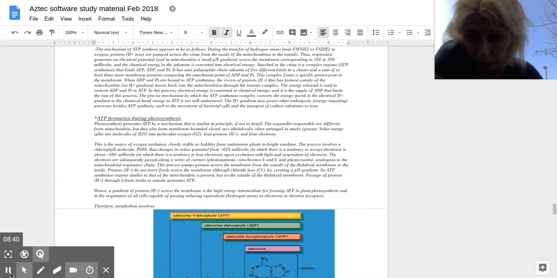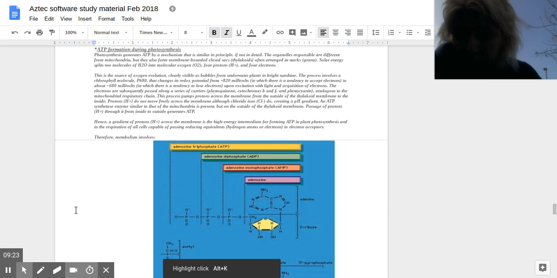An ATP synthetase enzyme similar to that of the mitochondria is present, but on the outside of the thylakoid membrane. Passage of protons H+ through the synthetase enzyme, from the inside to the outside of the membrane, generates ATP.